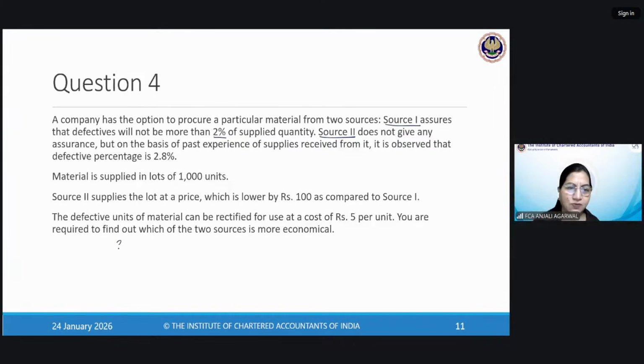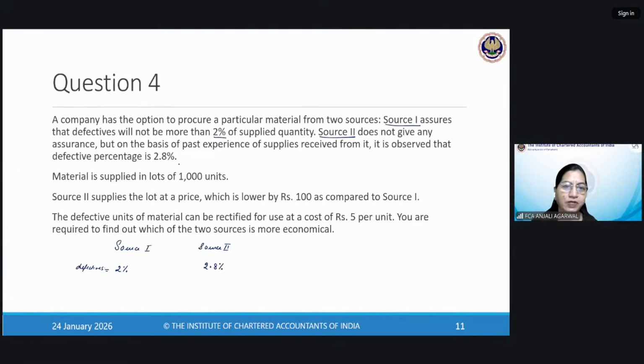So let's say source one is saying whatever he supplies, the defectives will be 2%. Let's assume 2%, not more than 2%, but let's assume the defectives are 2%. And source 2 does not make any promise. But on the basis of past experience, we have seen that it provides you defectives of 2.8%.